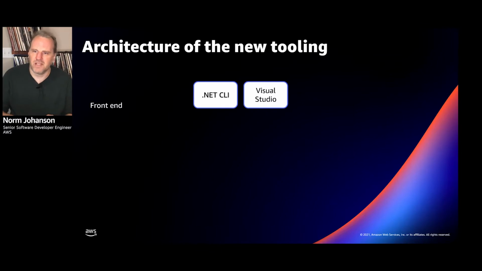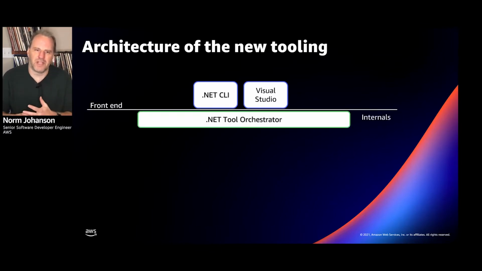All of our front ends work with what we call our orchestrator. You never work with that directly, but our front ends do, and it's what makes sure that no matter which front end you're using, you get a similar experience matching the environment, and you have all the same features available to you.